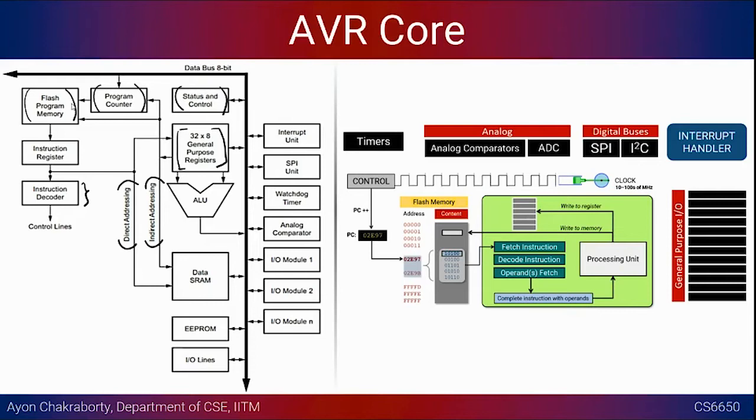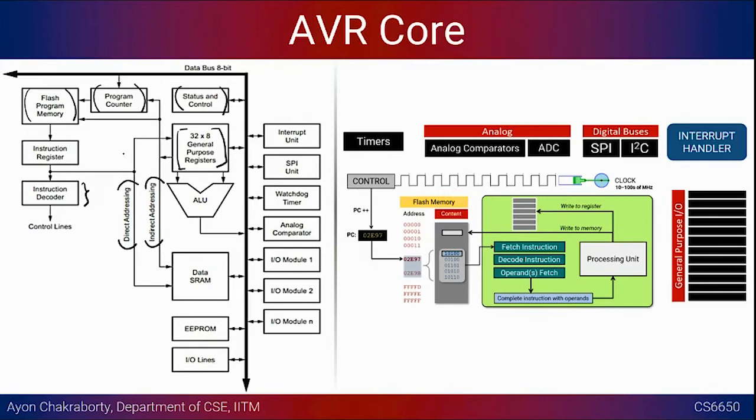The code is resident there, and it is fetched based on the program counter's input and executed. The instruction register contains the current instruction that has been fetched from the flash memory, then the instruction will be decoded and executed.